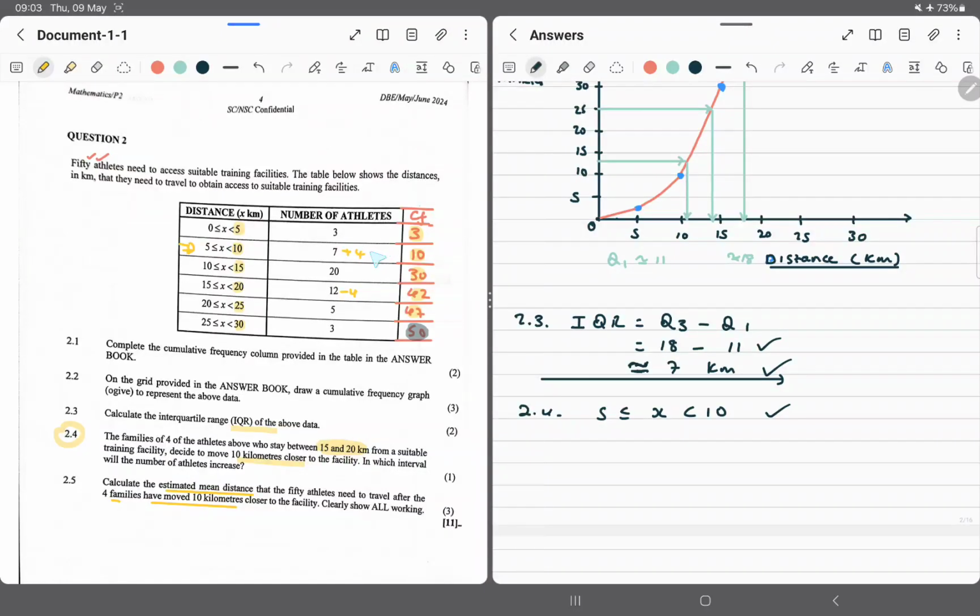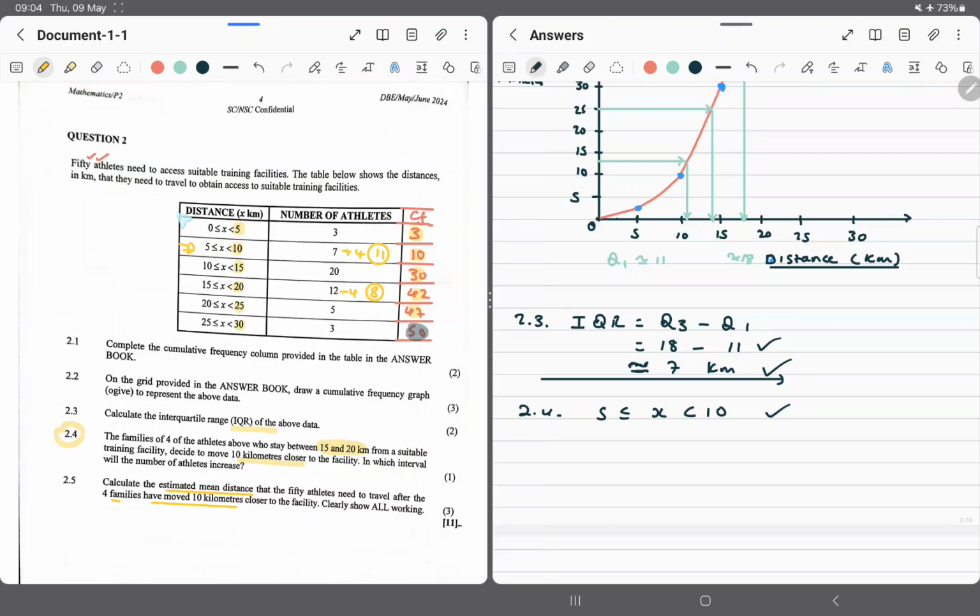So there we're going to have 11 now instead of 7. And then here we are going to have 8 instead of 12 now. Okay. So that is just the changes. But the total is going to remain 50. That's what matters here. But in any case, we don't need the cumulative frequency anymore for this estimated mean.